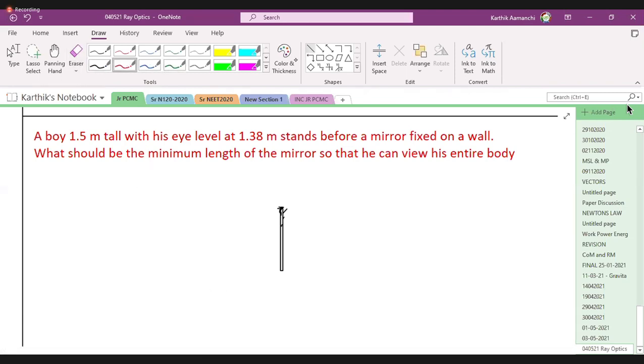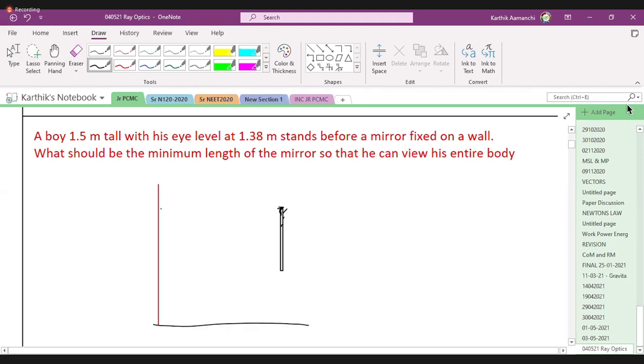I'll take red and I'll draw it. This is your boy, okay? The light ray has to come, hit the mirror at this point, and then come in this direction.